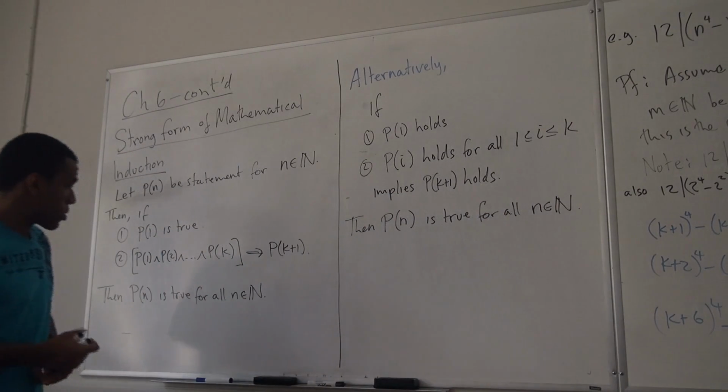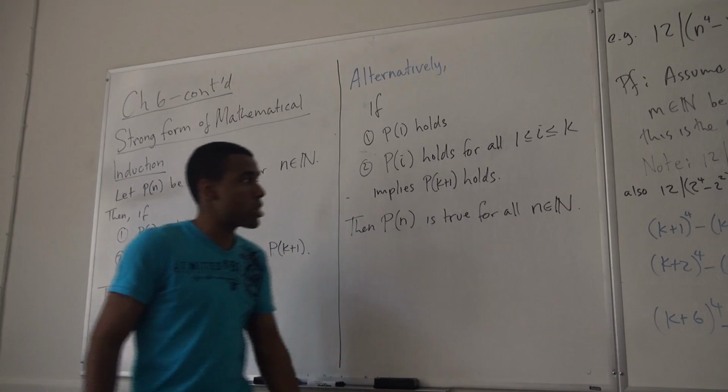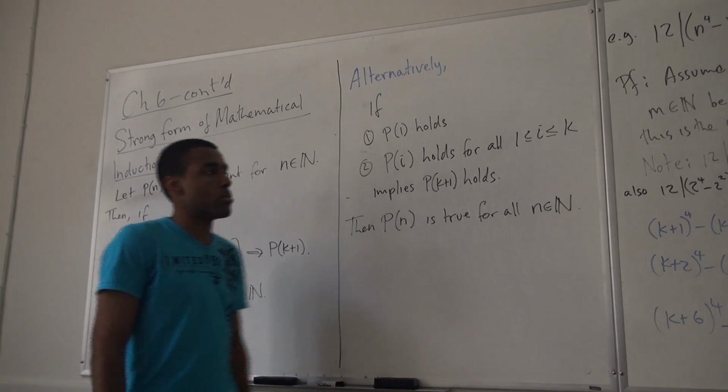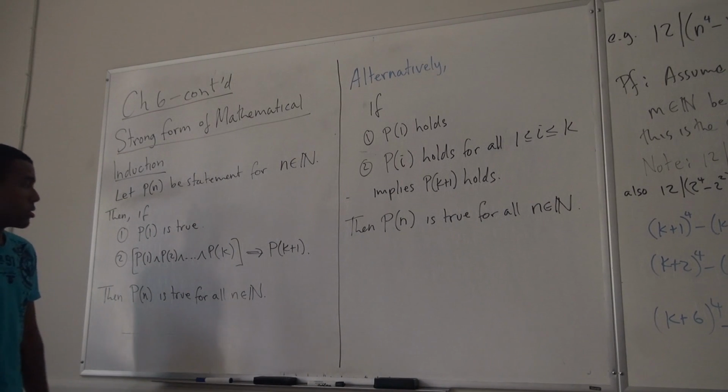So assume it works for everyone from 1 up to a certain number, and then prove it works for the very next number. And that is actually proving it by strong form induction, right?